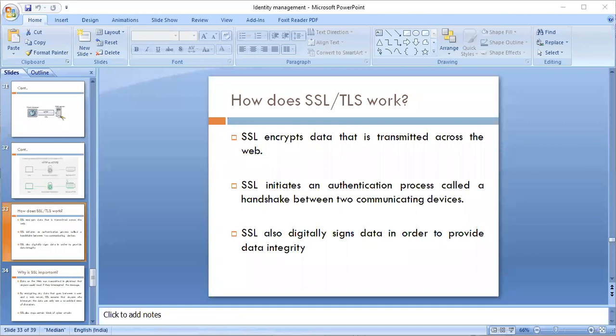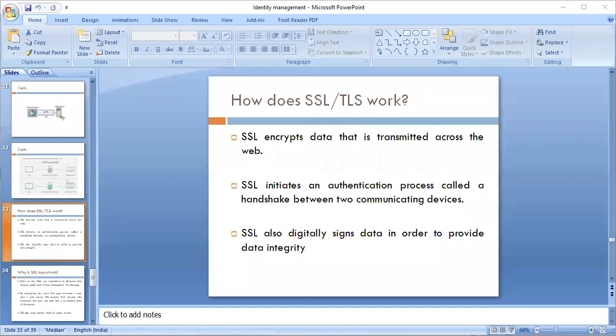Then SSL also digitally signs data in order to provide data integrity, and we are implementing data signatures in SSL as well. It basically verifies that the data is not tampered with before reaching its intended recipient. In between, when the source is sending some data, there is a possibility that the data gets tampered with. Some additional bits may be introduced unwantedly or intentionally to alter the information, or some data may be modified or lost.